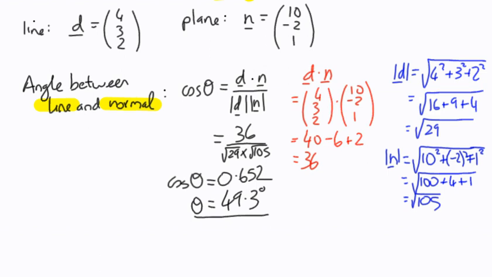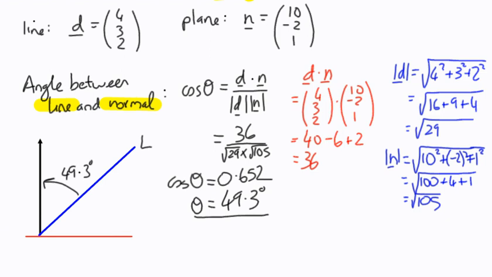So just a wee reminder, here's our normal vector, here's the plane, and what we worked out is that the line makes an angle of 49.3 degrees with the normal, which means that we're looking for the complement of 49.3 degrees, which is just going to be 40.7.